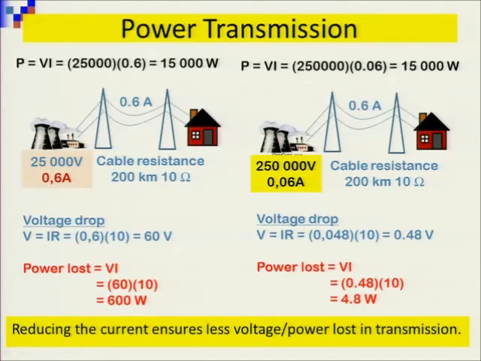The scientists did a lot of maths and said, no, if we now transport it at 250,000 volts, in other words 250 kilovolts, we are only going to lose 4.8 watts.